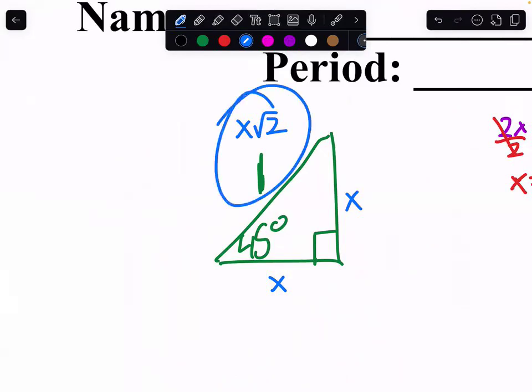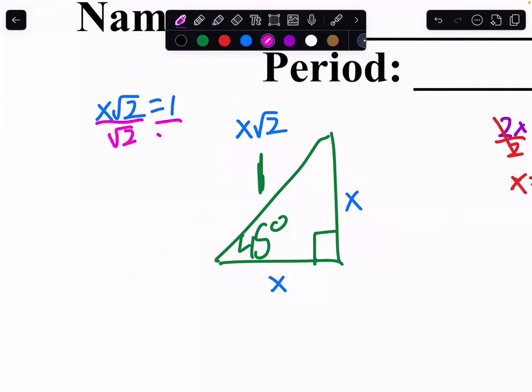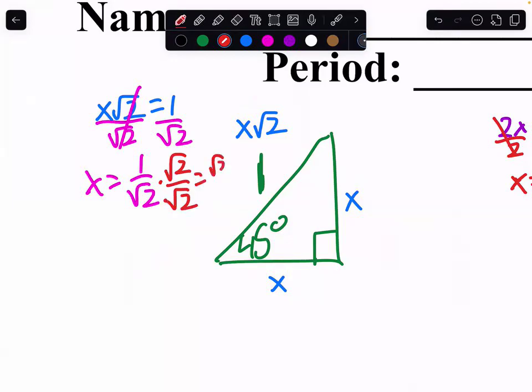So the side that's labeled 1 is worth x radical 2. So x radical 2 must turn into 1. Get the x by itself, and make sure you rationalize. Okay, so x simplifies to radical 2 over 2.